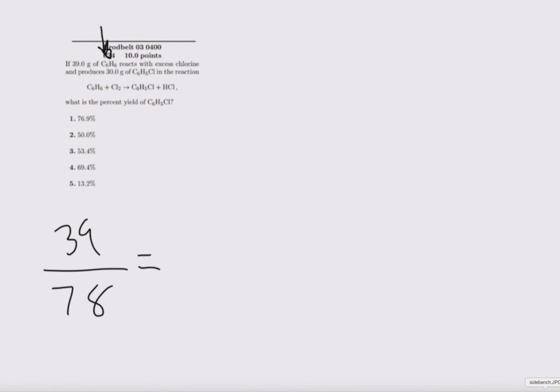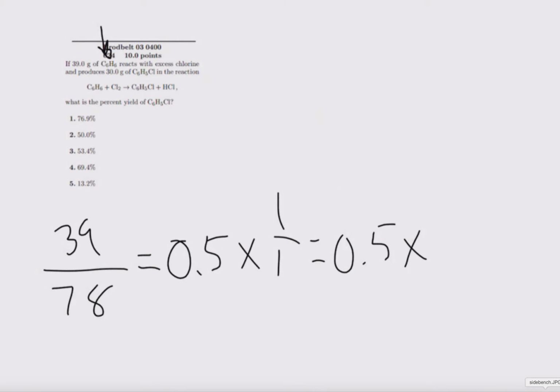So when we do 39 divided by 78, we get exactly 0.5. We multiply that by the ratio in the equation. It's 1 to 1, so that's easy. 1 over 1 times 0.5 is 0.5. So now what we need to know is what's the mass of C6H5Cl. Well, C6 is 72 plus H5 is 5 plus 35.4 for the chlorine.